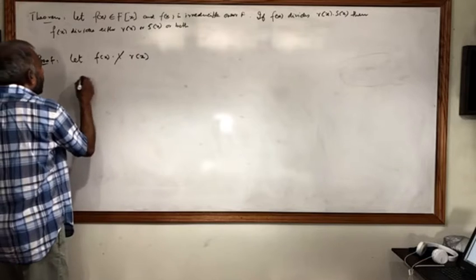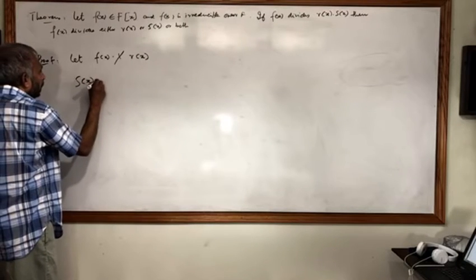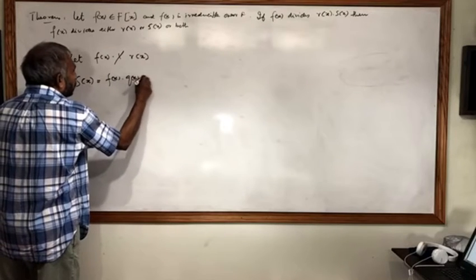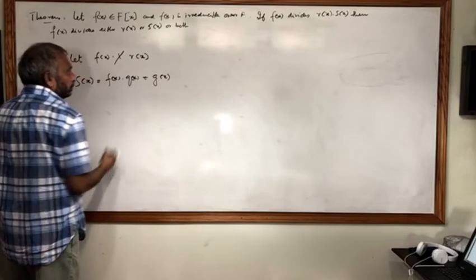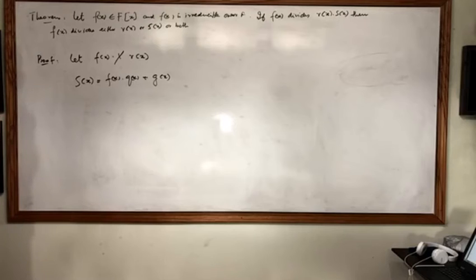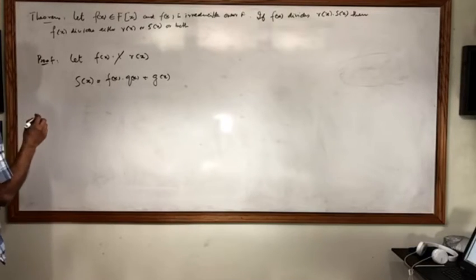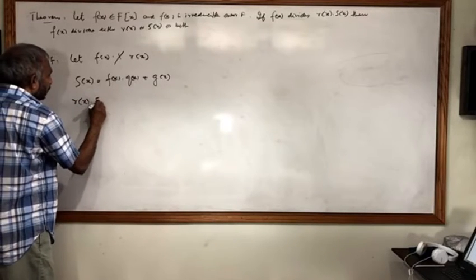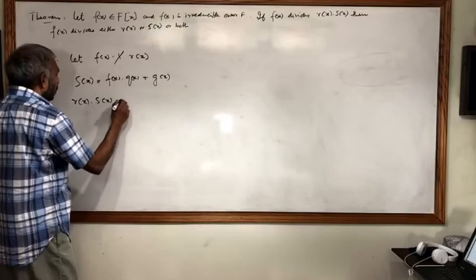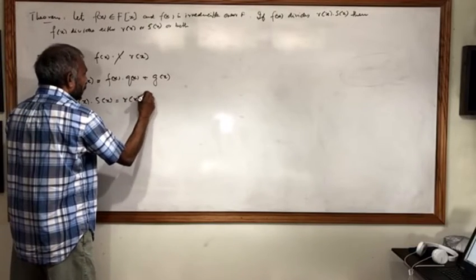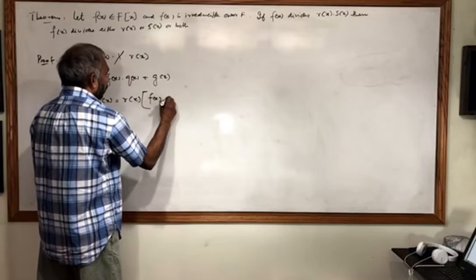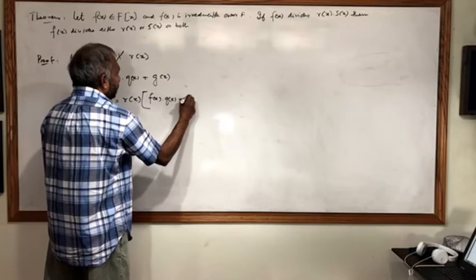So we can write s(x) equal to p(x) times q(x) plus g(x) using the division algorithm. So what does that mean? That means that r(x) times s(x) is equal to r(x) times p(x) times q(x) plus r(x) g(x).